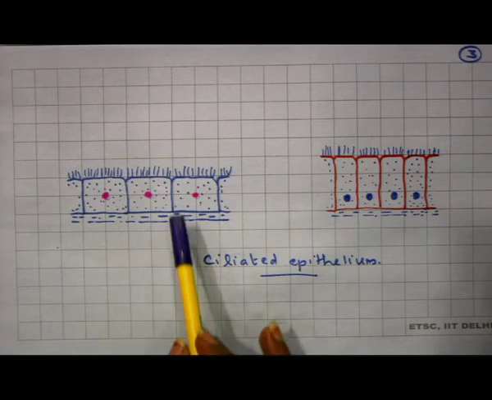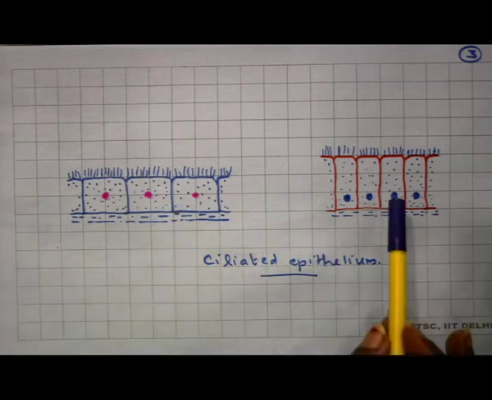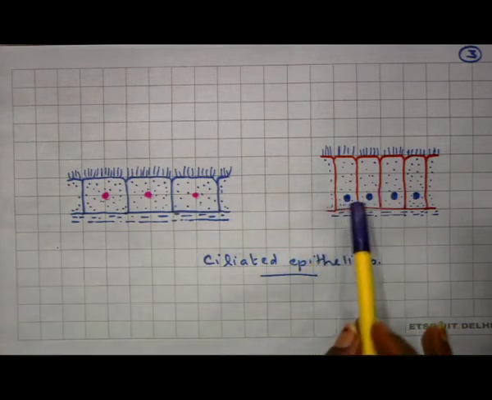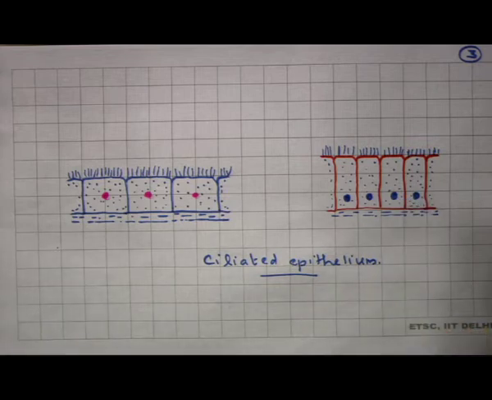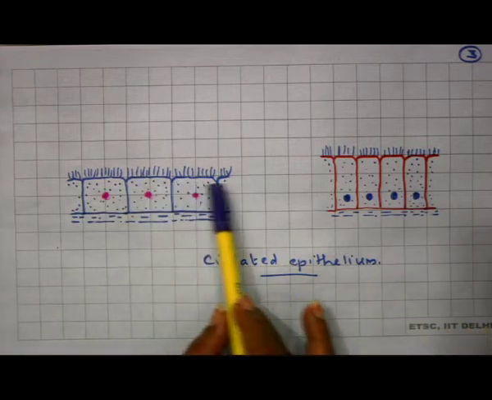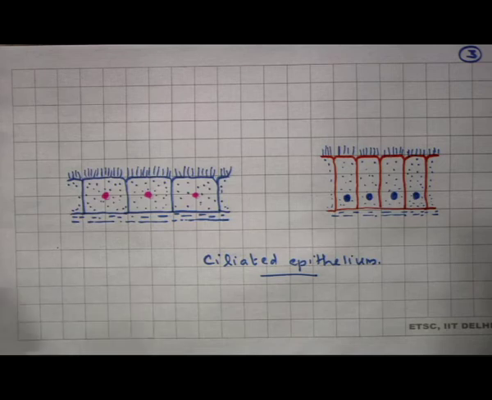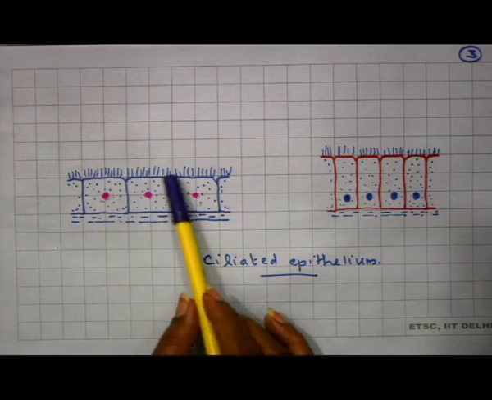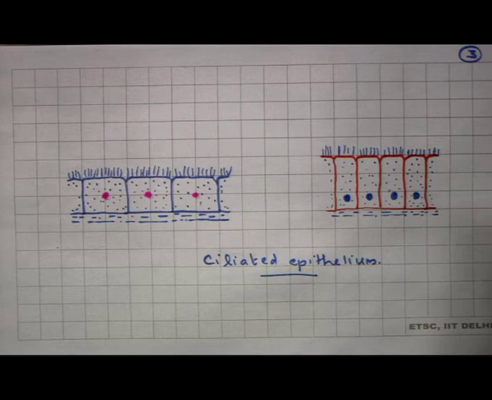Regarding the shape, it may be cuboidal or it may be columnar, tall and pillar like cells. Now, why are they called ciliated? Because they have cilia on their free surface.